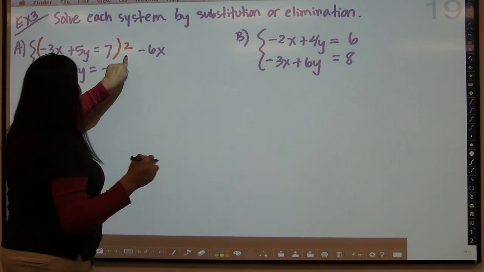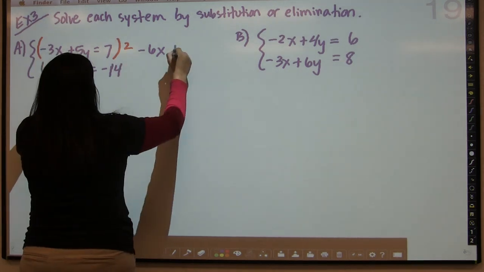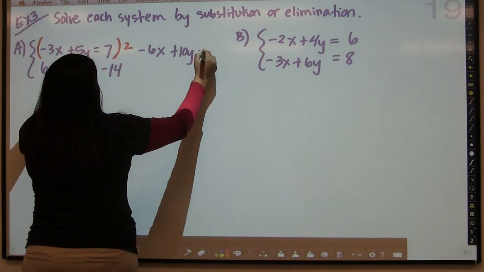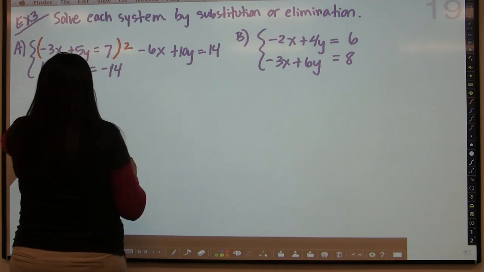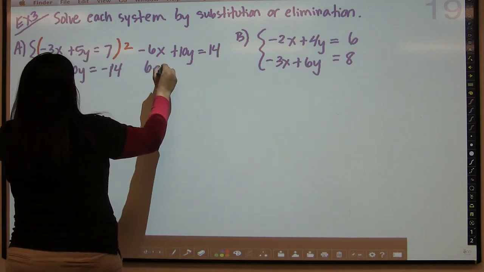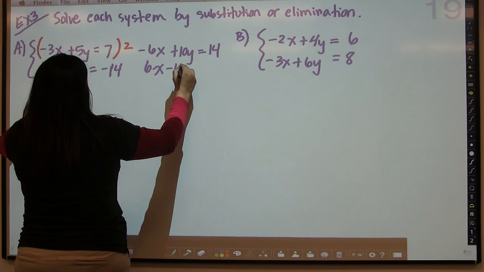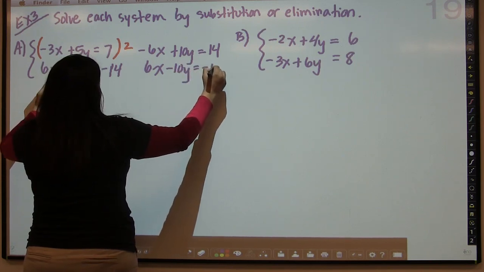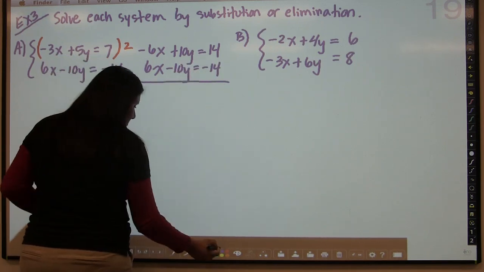Negative 3 times 2 is negative 6x plus 10y equals 14. And then I'm going to add that to the bottom equation, which is 6x minus 10y equals negative 14. And you can kind of already see what's happening here.